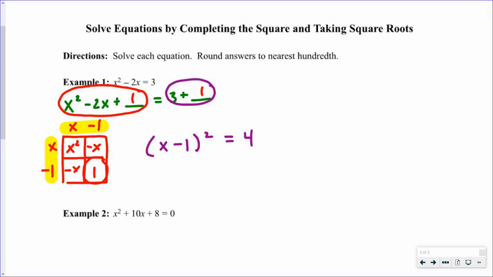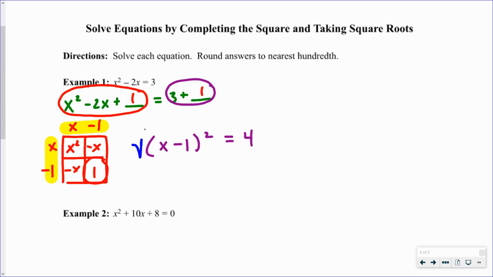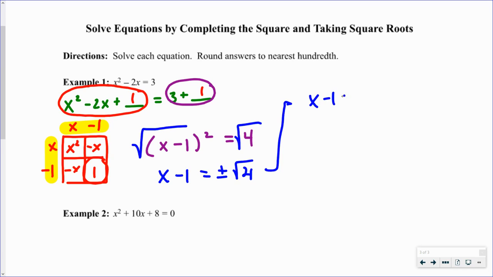Now we can use the technique that we saw in the first video, which is taking the square root of both sides of this equation. So x minus 1 equals plus or minus the square root of 2, I'm sorry, the square root of 4, rather. Now, the square root of 4 is 2, so we get x minus 1 equals plus or minus 2.